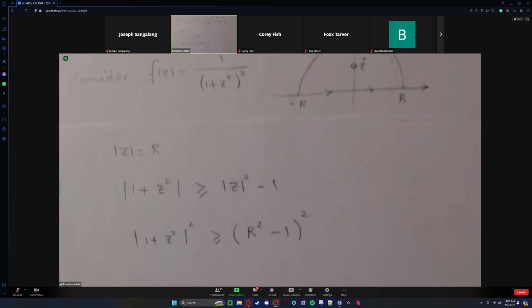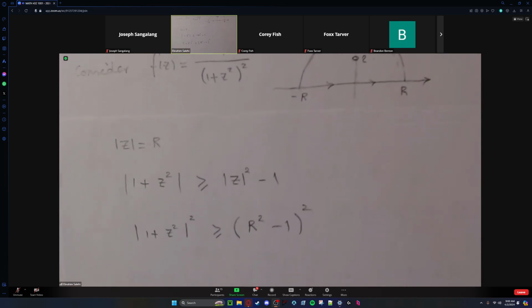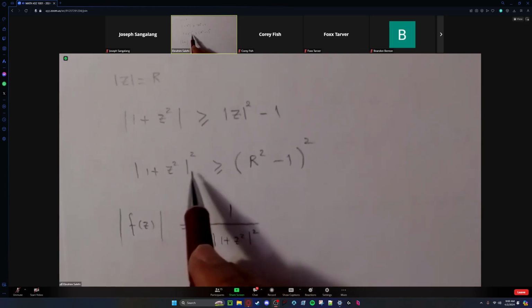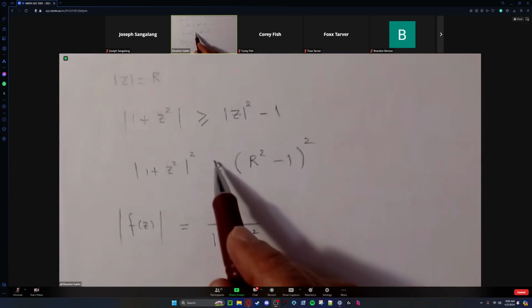Now you took reciprocal. When you take reciprocal, it will be modulus of the function. This is the function. Modulus of function. So this is, when you take reciprocal, the direction changes.